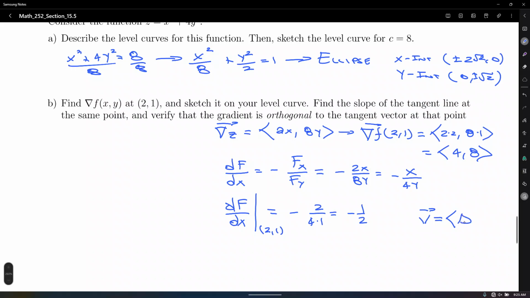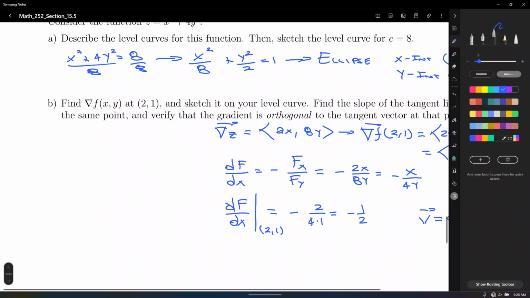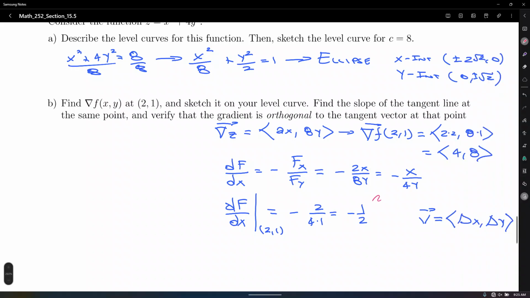Well, so that is essentially delta x, delta y. But you might ask yourself, where do we get that delta x and that delta y? Oh, that's the value of the slope, which is the rate of change, the change in the x and the change in the y. Isn't that number in the numerator representing a delta y, a change in the y, and a change in the x? So that's going to give us the components of the vector.